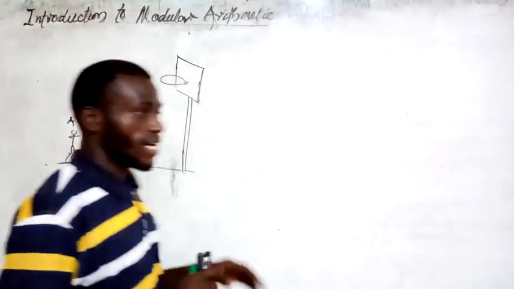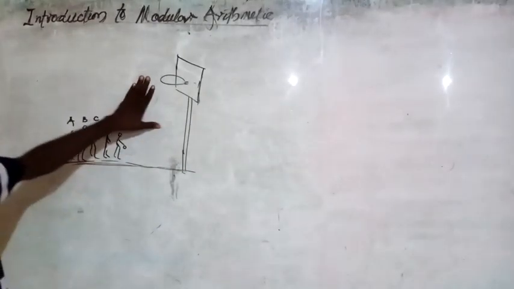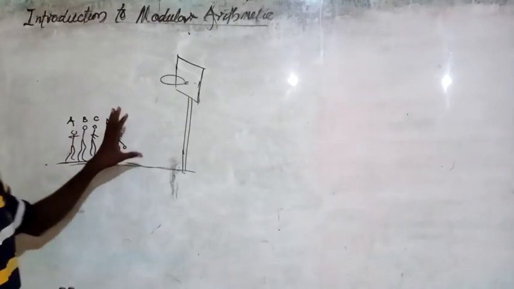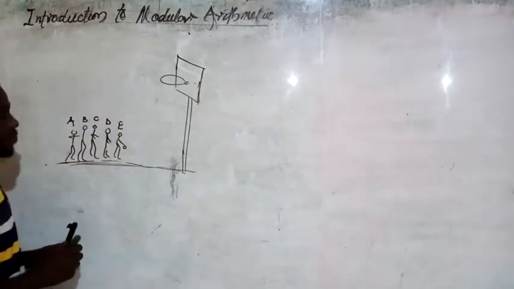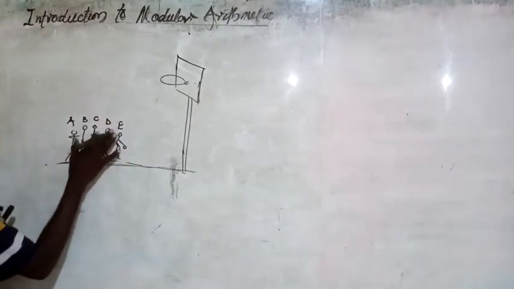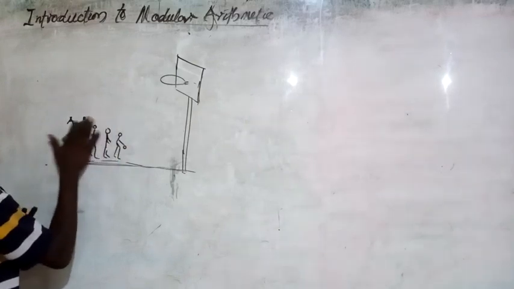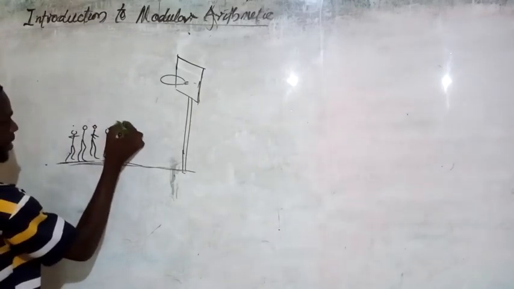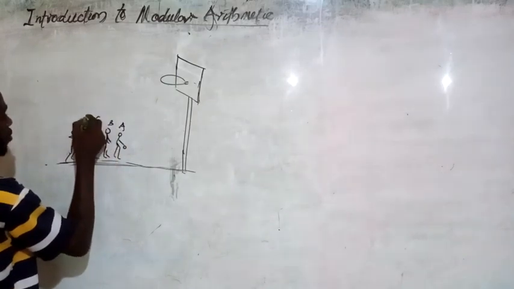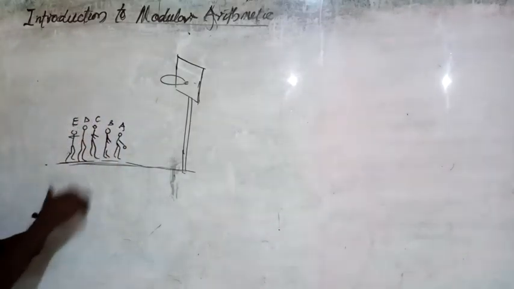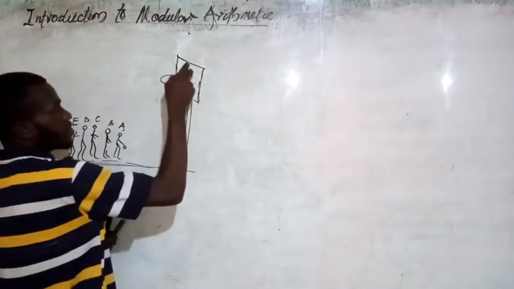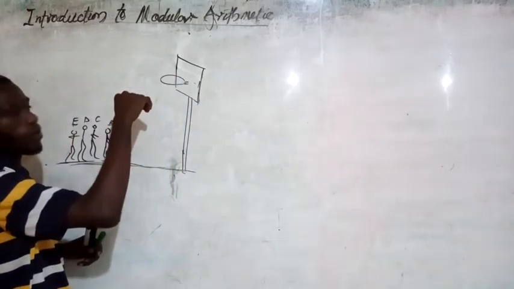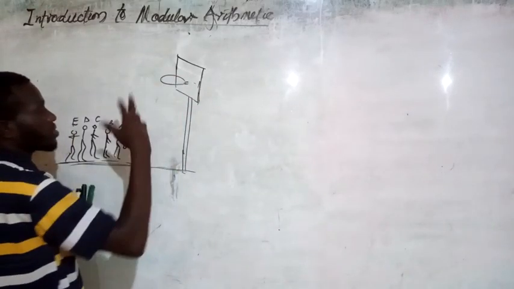I'm going to be citing this example. Look at a number of hoopers who want to pot the basketball. Let me reorder this. This is going to be hooper A, hooper B, hooper C, hooper D, and hooper E. So if hooper A launches the ball, whether or not he pots the ball is irrelevant.